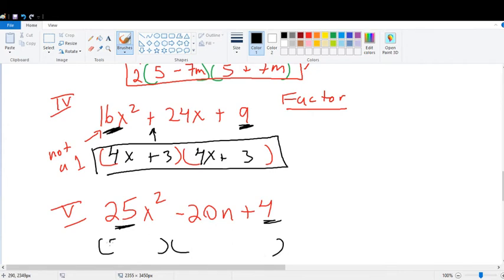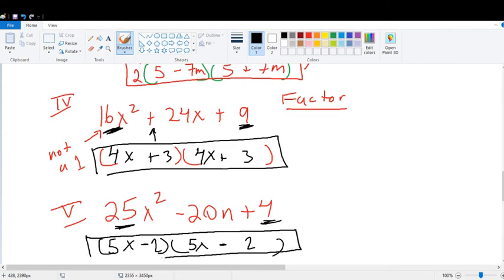So I can do 5x, and notice how this one here is a negative. Negative. And this is perfect, so I can do 2 times 2. And so this is my answer. These are my factors. But notice how both of them are the same. 5x minus 2, 5x minus 2. I can write this as 5x minus 2 squared. And that's your final answer.